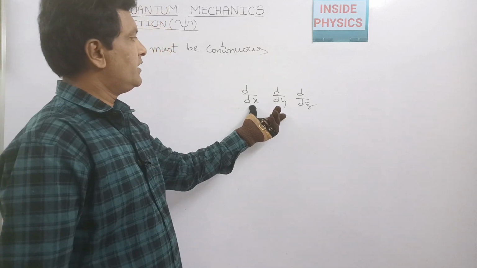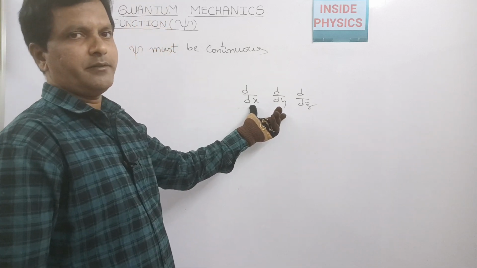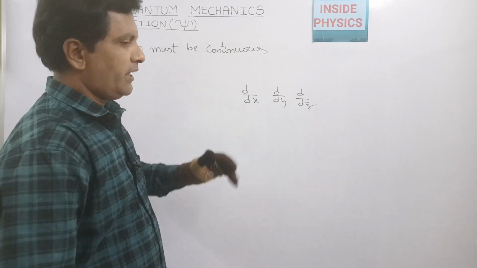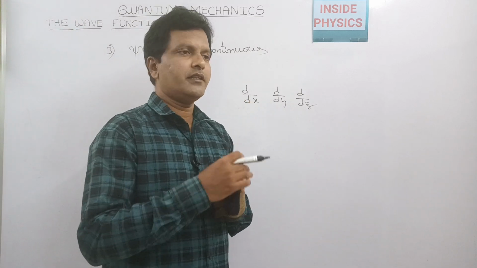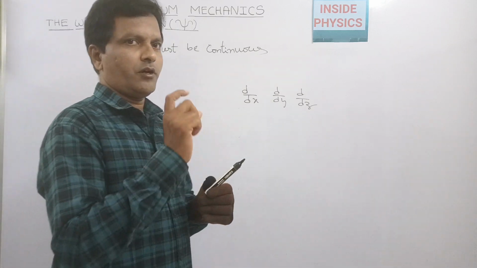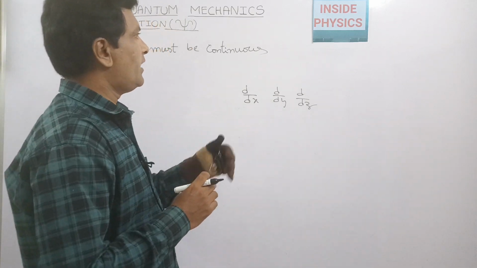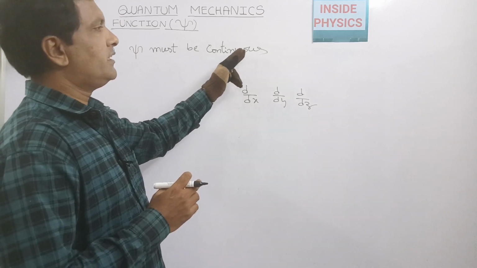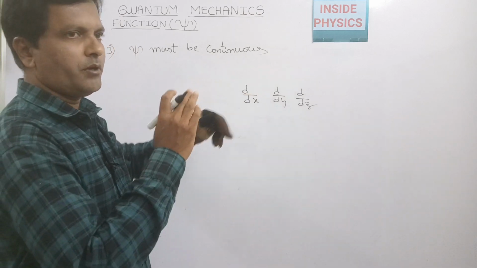If it meets any boundary, that means a varying potential, then even at the boundary where the potential is varying, the probability of finding the particle will be the same, and psi will not be a discontinuous function at the boundaries.